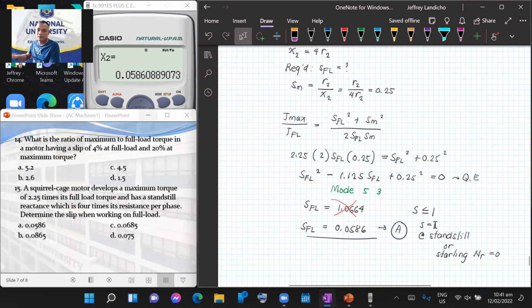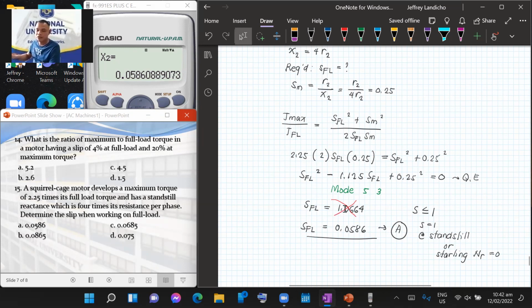Never, no? Malabo na maging greater than 1 yan. Kaya kahit ibigay ito sa choices, your slip cannot exceed 1. Okay? So, mathematically tama ito kasi mathematical operation tama siya.